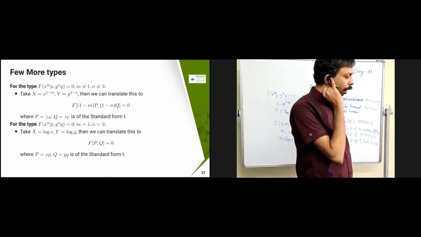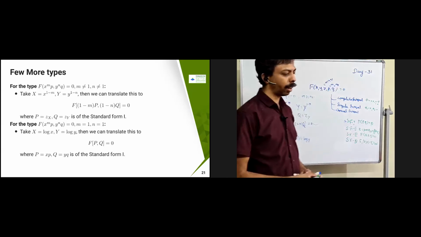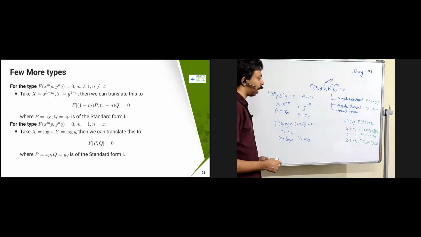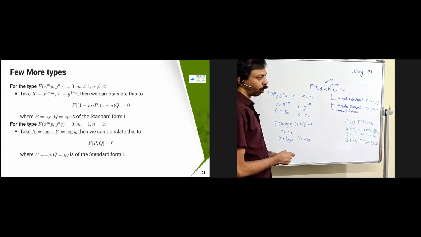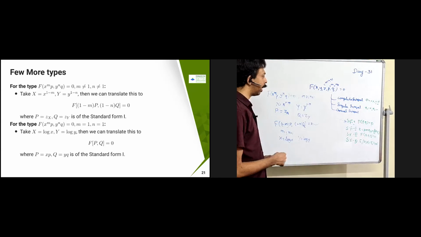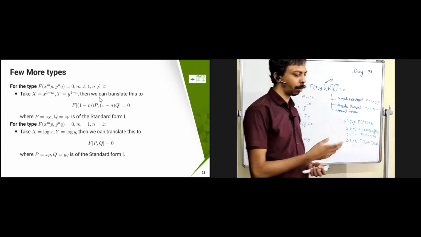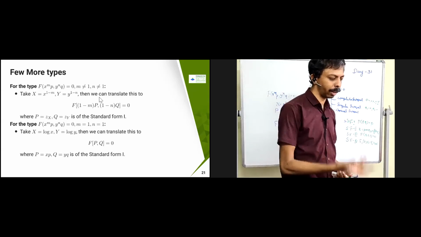In the Euler equation, what kind of substitution do you put? You put x power m instead of e power mx. Whenever you solve constant coefficient equations, you used to put e power mx and then solve. Whereas in the Euler equation, you put the substitution x power m, simplify it in the equation, and then you just solve.